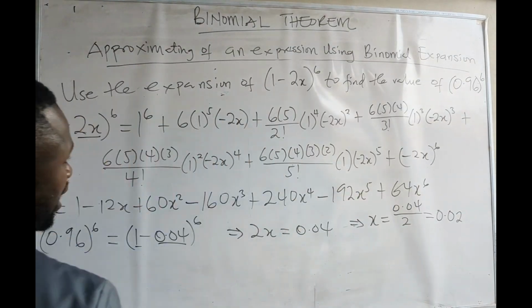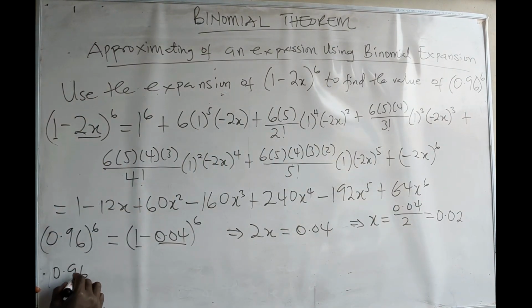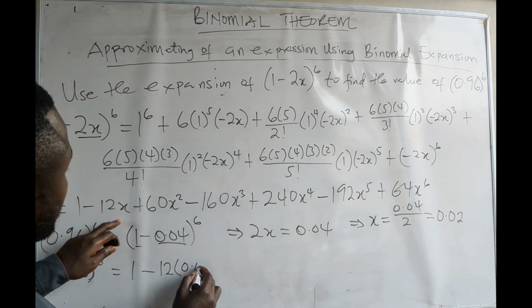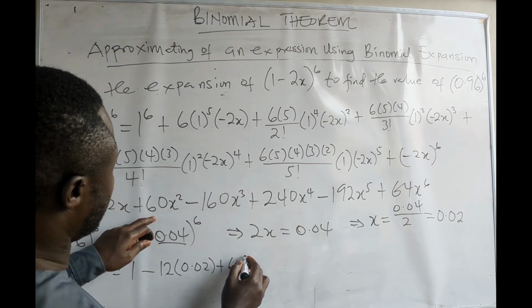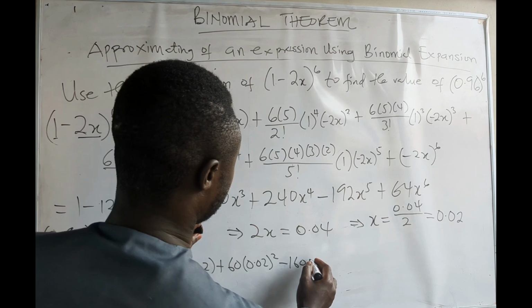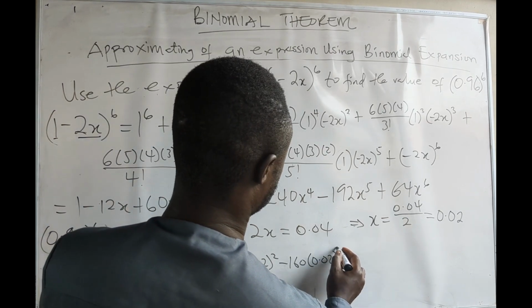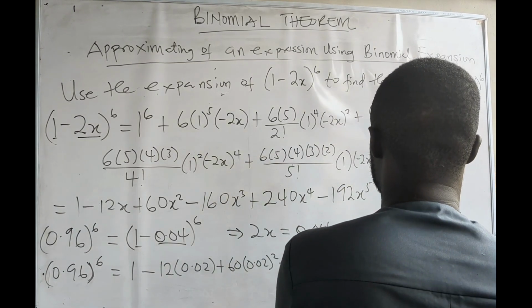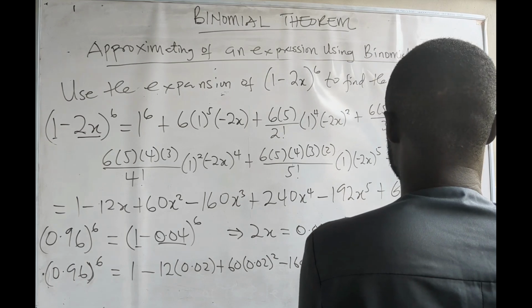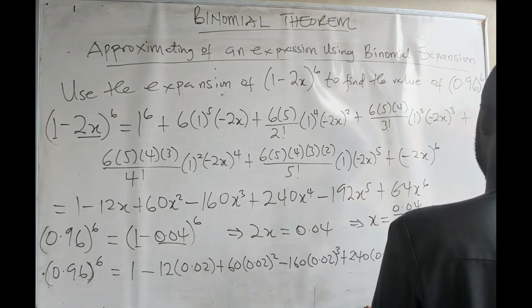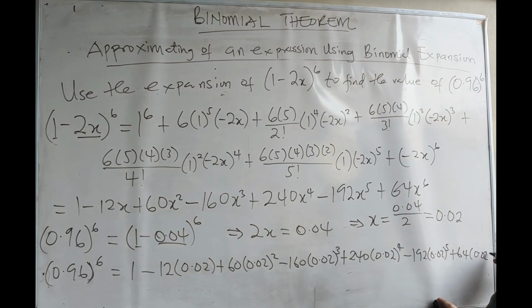Okay, then we can write it as what? Our 0.96 exponent 6 will be equal to 1 minus 12 times 0.02 plus 60 times 0.02 squared minus 160 times 0.02 cubed plus 240 times 0.02 exponent 4 minus 192 times 0.02 exponent 5 plus 64 times 0.02 exponent 6.